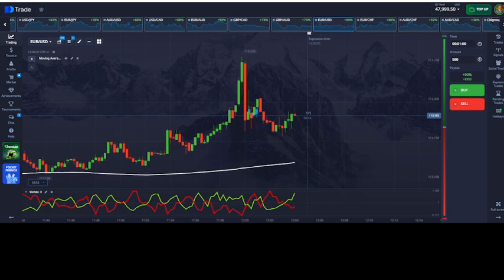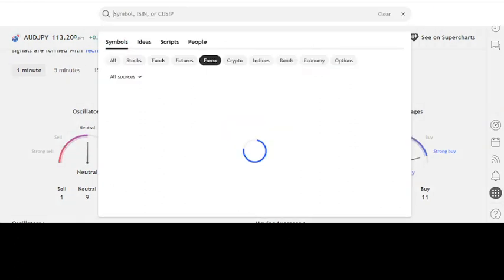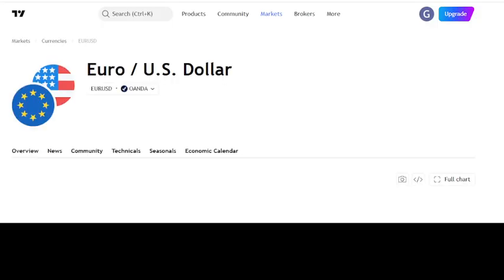So what I'd have to do is go to TradingView here and load up the Euro USD chart. Okay, here's the Euro USD. Let's go to see overview. Wait for the chart to load up. Okay, so let's click on technicals for the Euro USD.